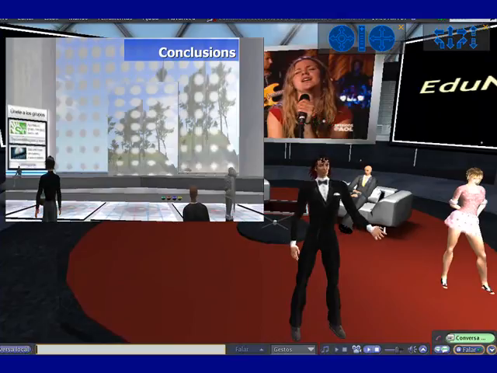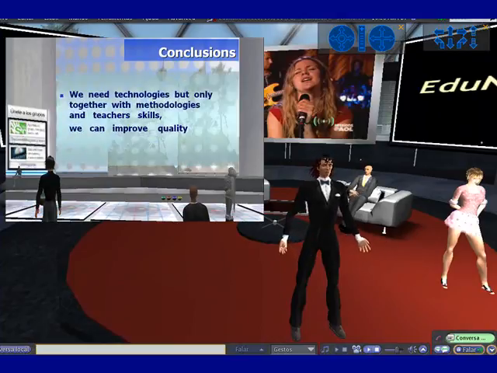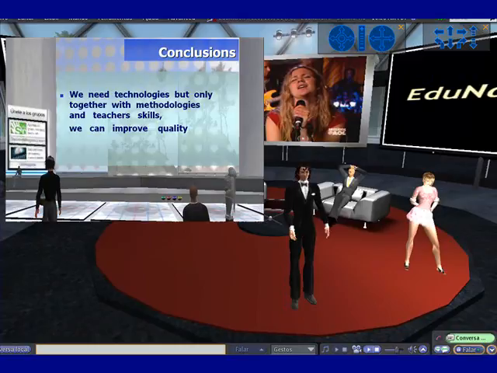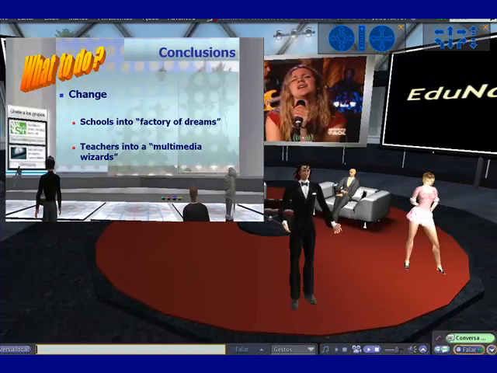First of all, we need technologies, but only together with methodologies and teacher skills can we improve the quality of learning and teaching. In fact, our schools need to be changed. Why? The way to do it is to change our schools into a factory of dreams and teachers into multimedia wizards.